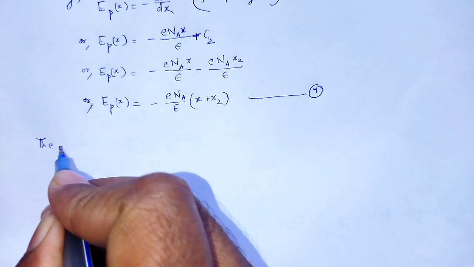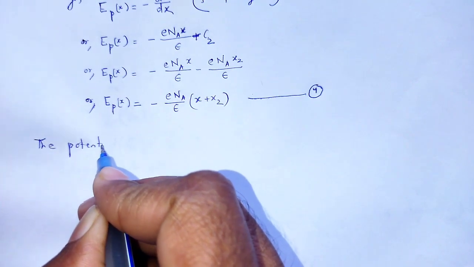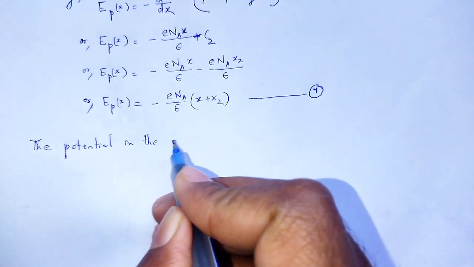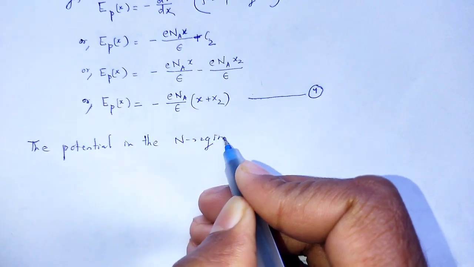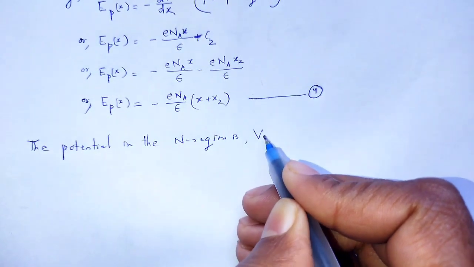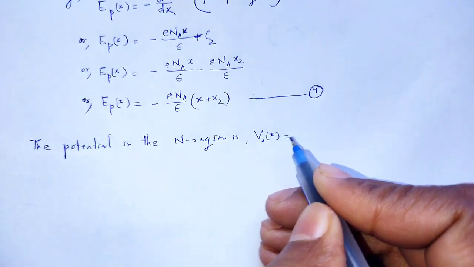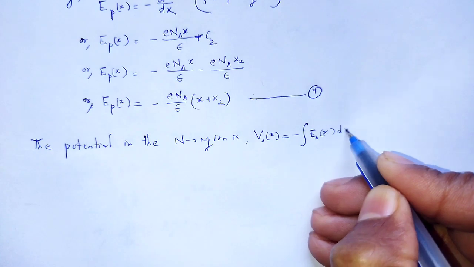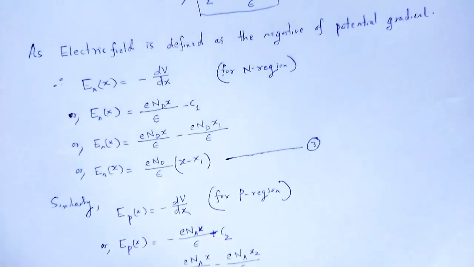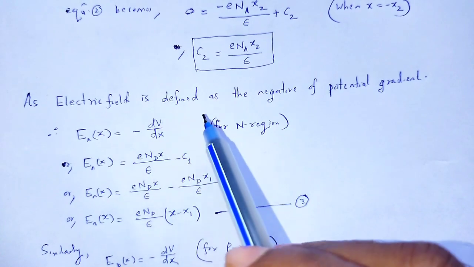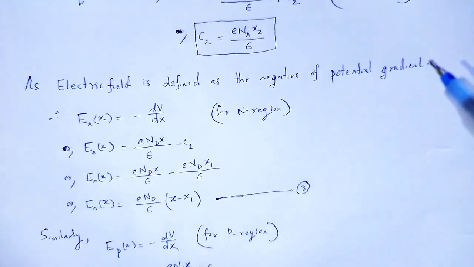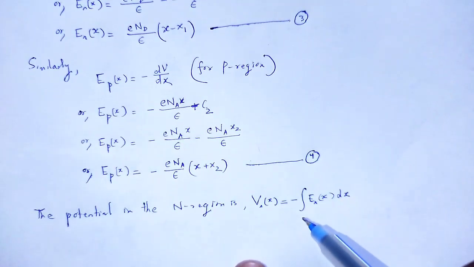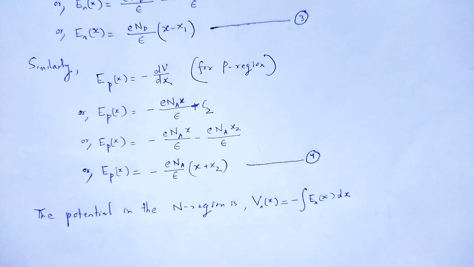The potential in the n region, that is V n of x, is integration of E n of x dx, as we use the relation electric field is the negative of potential gradient, E is equal to minus dV by dx. Therefore, that potential is calculated as integration over electric field dx.